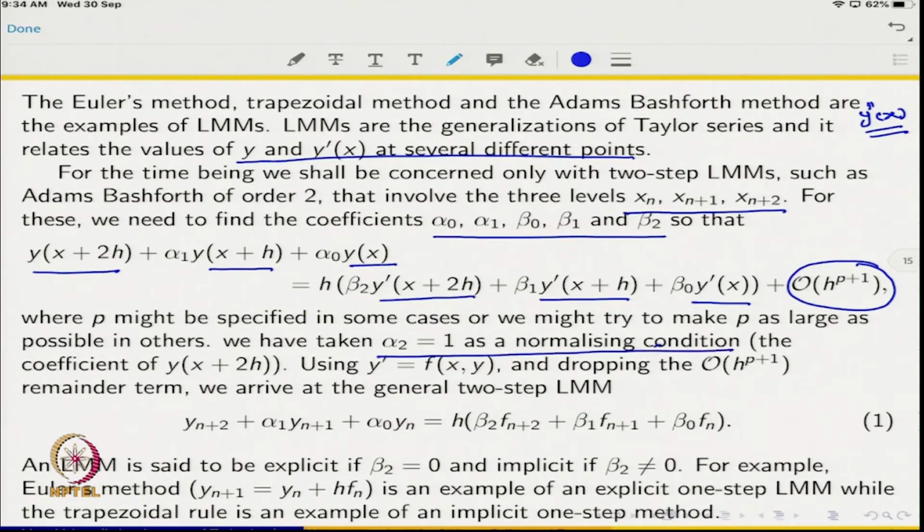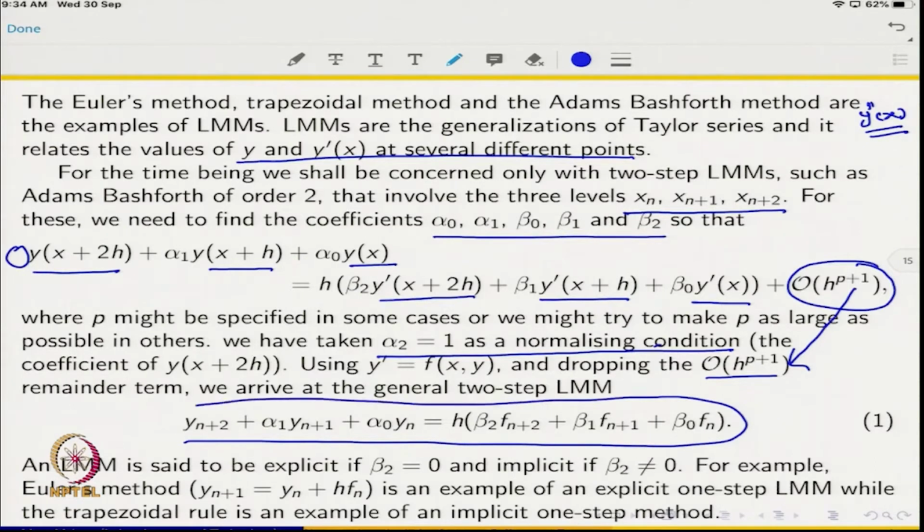We have chosen alpha 2 as 1, the coefficient of y(x+2h), as you can observe from here. And using y dash and dropping the truncation error term, it will be a difference equation. We arrive at the general two step linear multi-step method, and LMM is the abbreviation for linear multi-step method, which we will be using from now onwards.